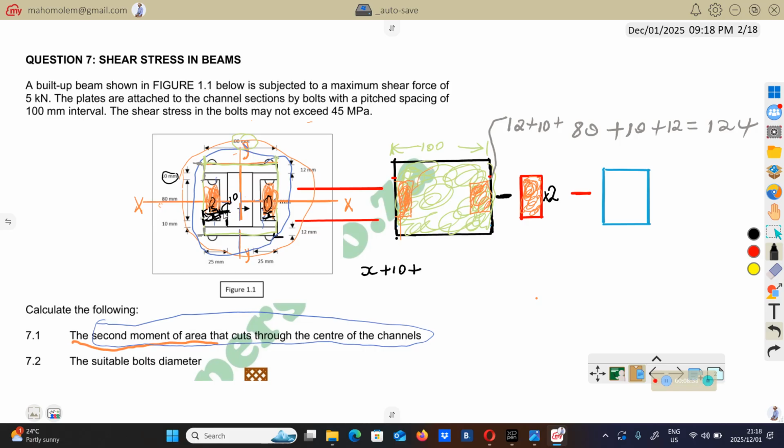But that will be longer. I think the first one that we did is the best one. Okay, it's fine. Plus this 10 here, plus from here to there. So if from here to there is 25, 25, then total length is 100. Then 100 minus 25 minus 25, you will remain with this distance here in between, which is going to give you 50.